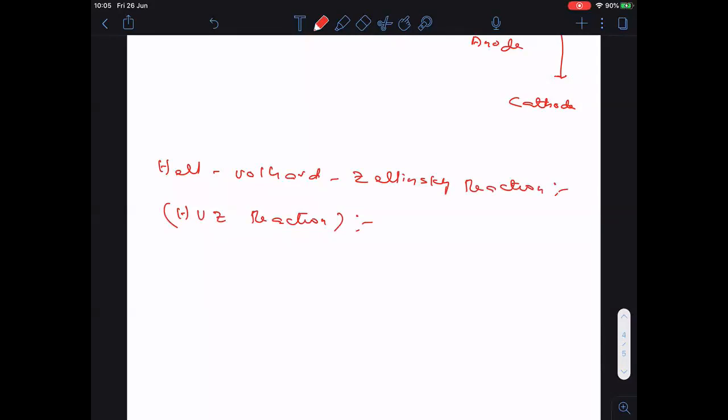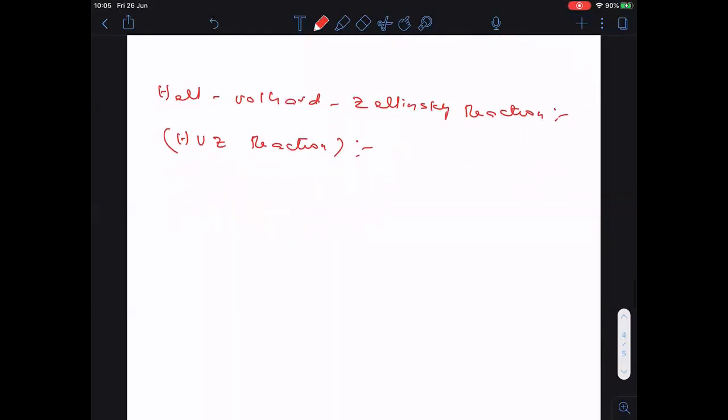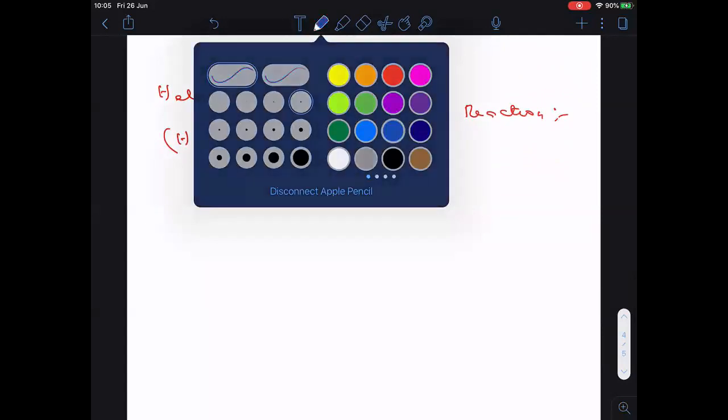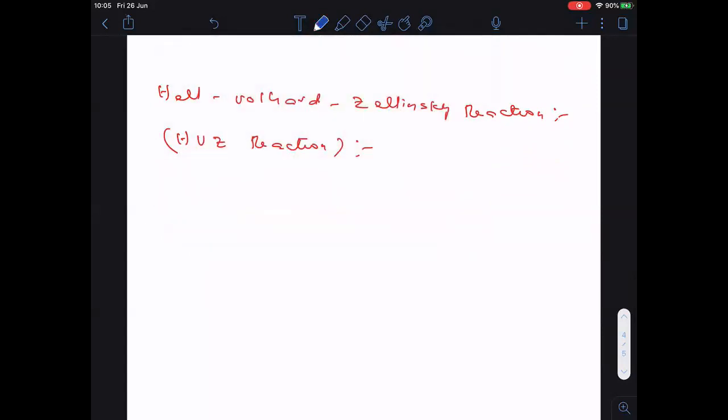First of all, which type of acids will undergo this reaction? That is important here. So see clearly, carboxylic acids which contain alpha hydrogen atoms undergo this reaction.